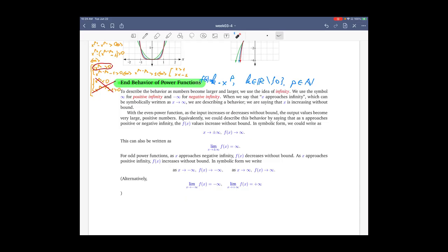Accordingly, we will write that limit of function f as x approaches infinity is infinity if f can be made arbitrarily large by choosing x arbitrarily large. Of course, nothing prevents us from considering other combinations, say limit of x approaching negative infinity being positive infinity and vice versa.